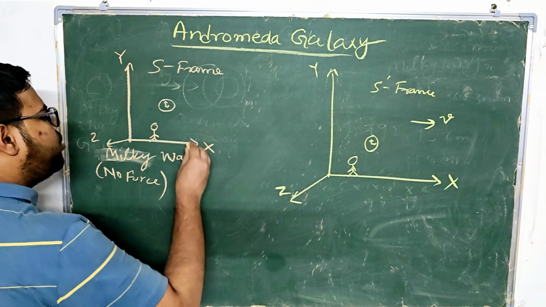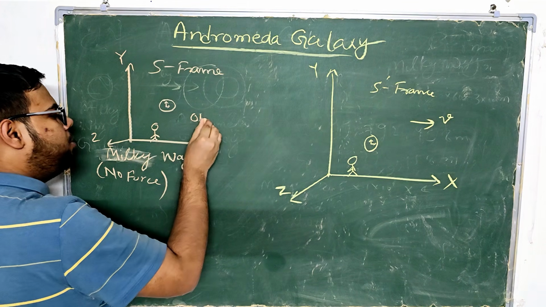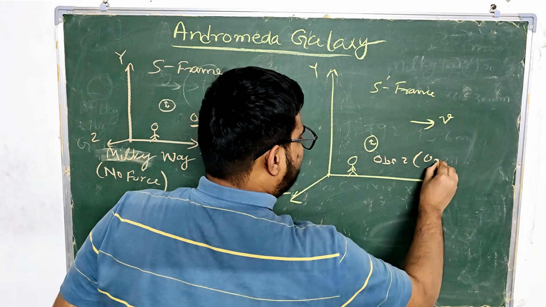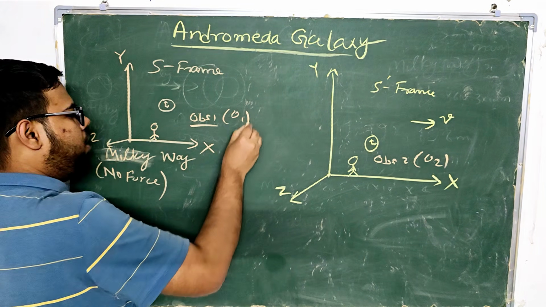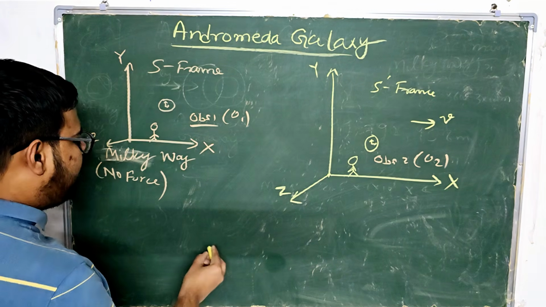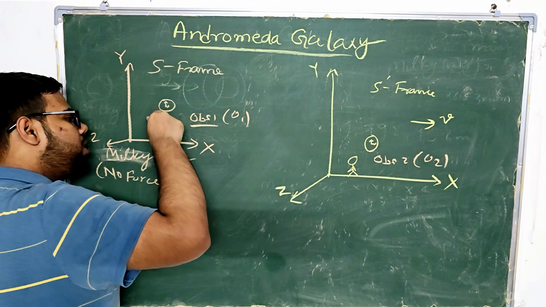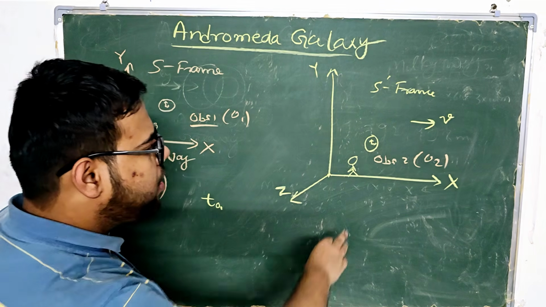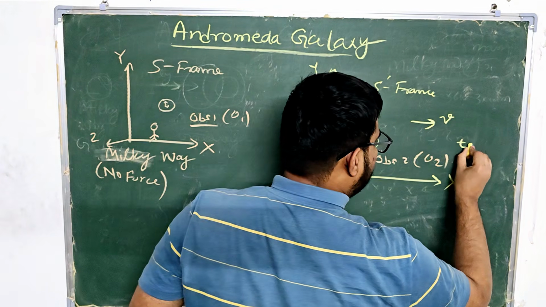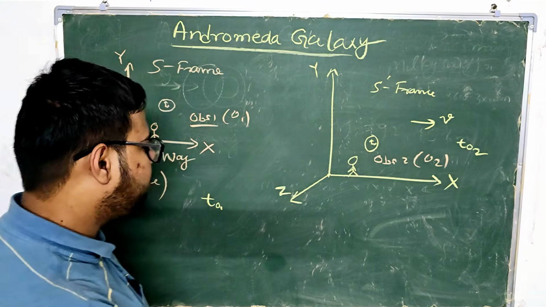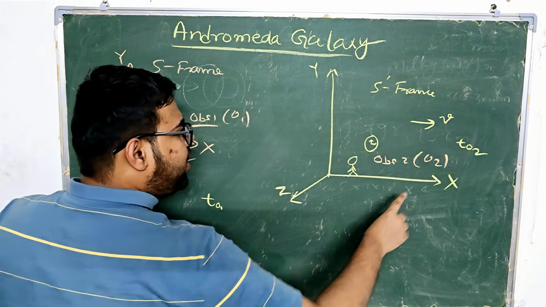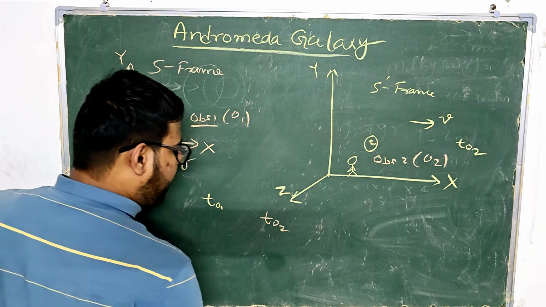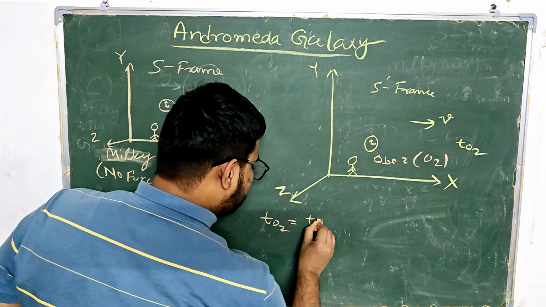Well, let's call this person observer 1 and this one observer 2, so I will represent them as O1 and O2. Suppose the time elapsed for this observer is T O1, and for this observer the time elapsed is T O2. So the relation given by Einstein is this.